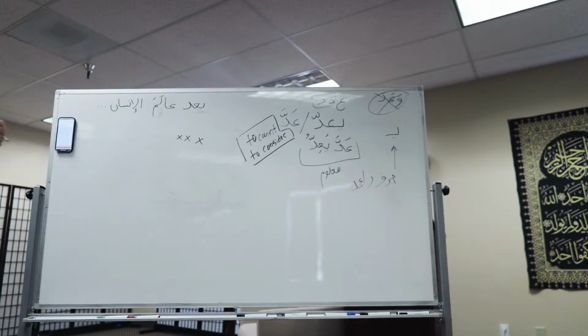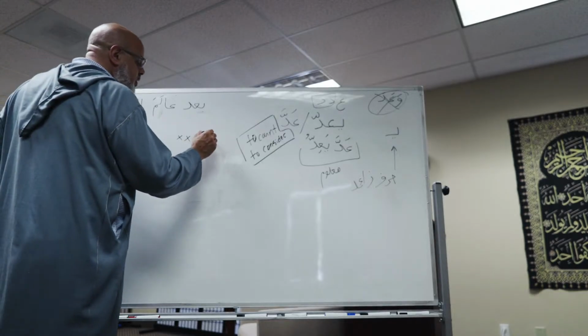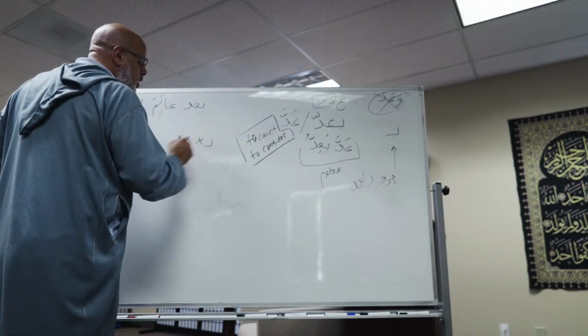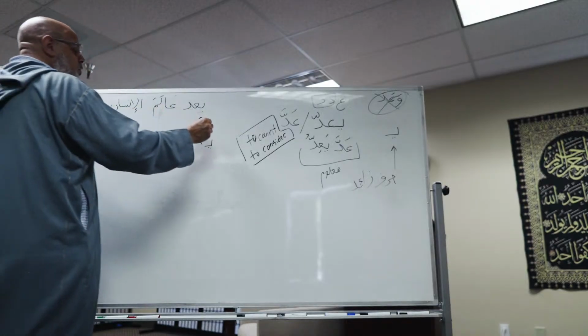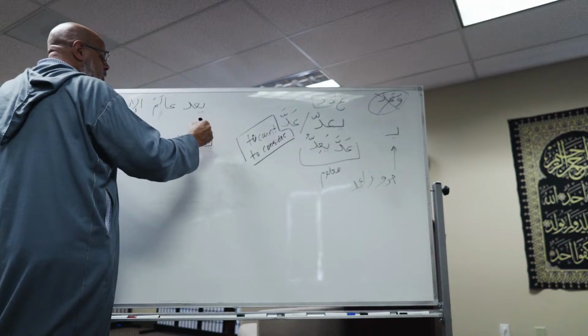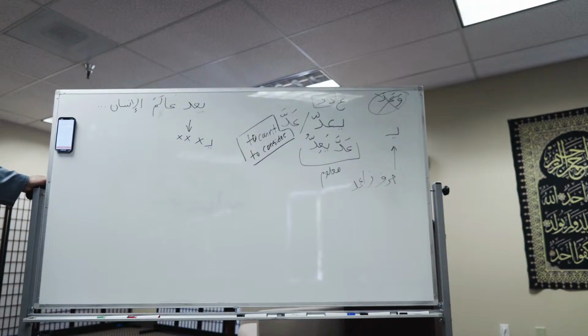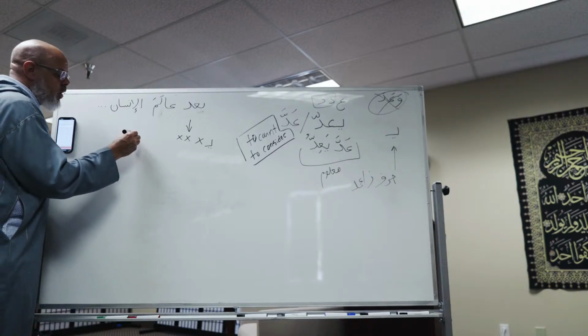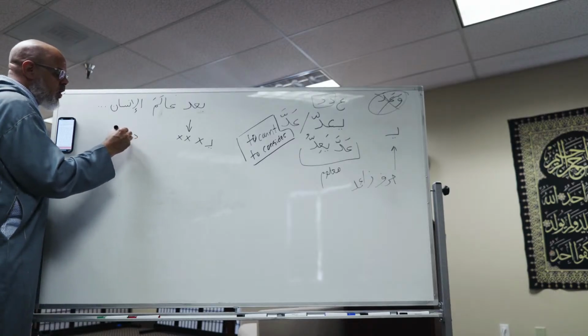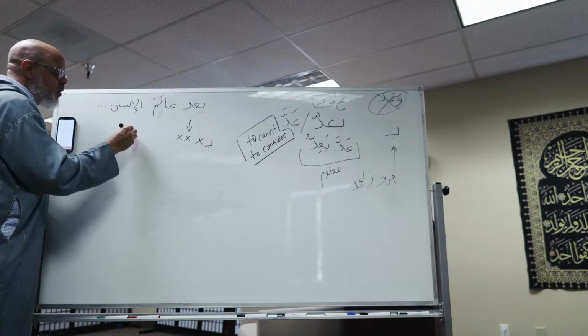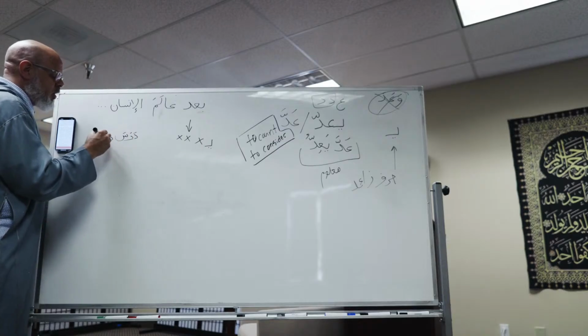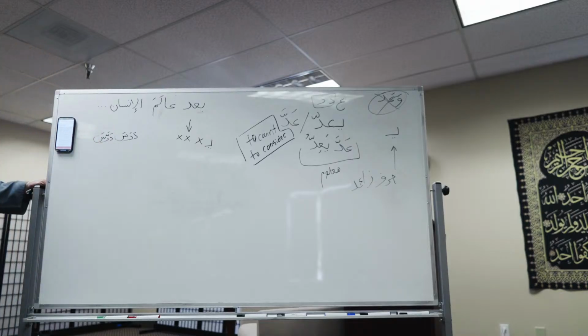What is it that we have said if we want to put them in the present tense? We have some vowel here, but this middle letter, what is it that we are going to do? Right? So for instance, we have darasa, and then we have darasa, of what we get.